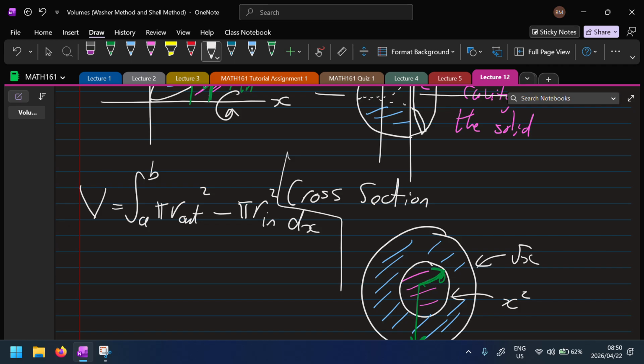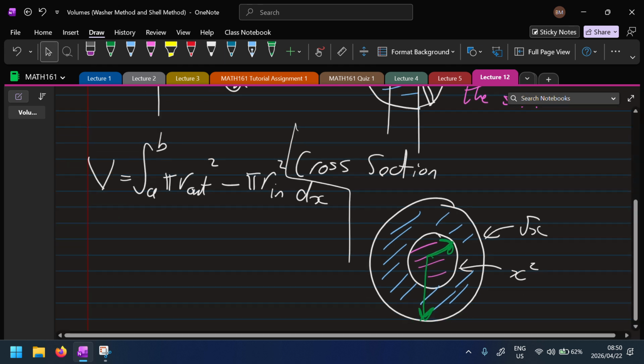You look at the inner radius, you find the volume of the inner shape, and then you subtract it, right? Because it's hollow. We want to remove that part. Right. Any questions so far? So outer volume minus the inner volume, which was hollow, so we remove that part.